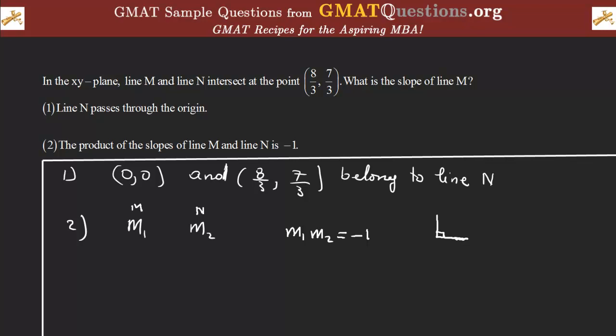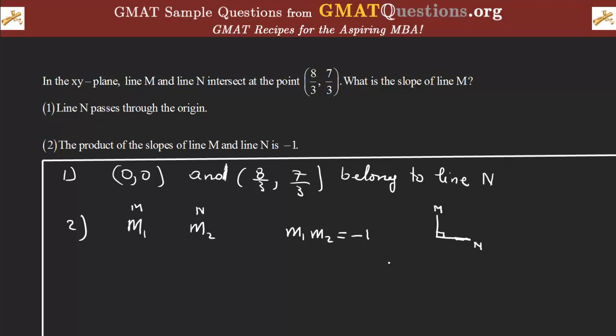This could be line N, and this could be line M. Okay, they are perpendicular. That's what it means when the product of the two slopes is equal to -1. But remember, we don't have the information in 1. We need to do 2 separately.